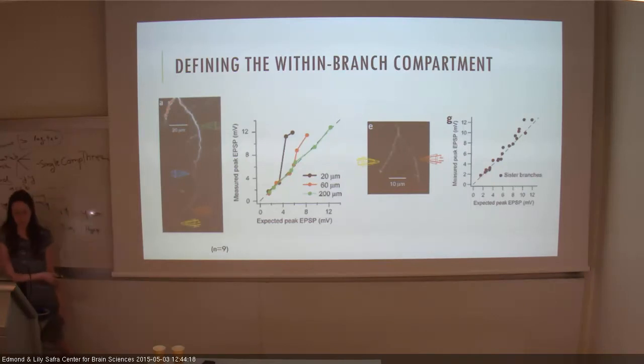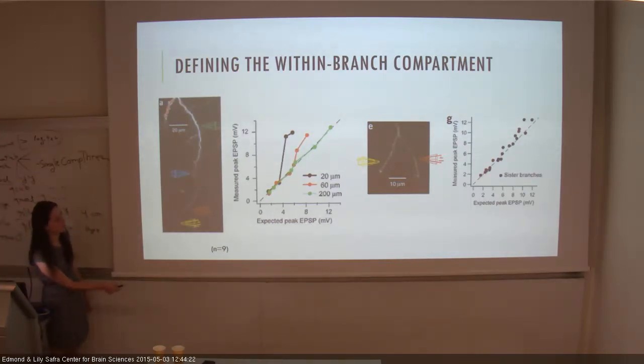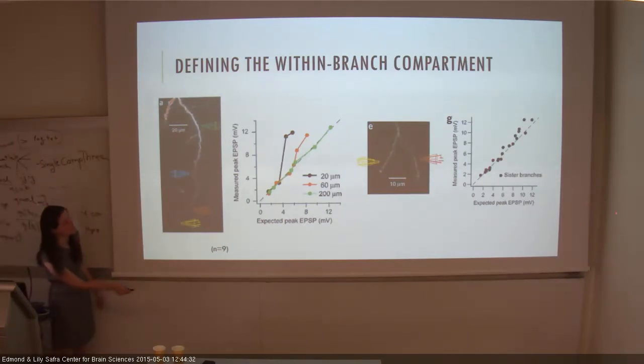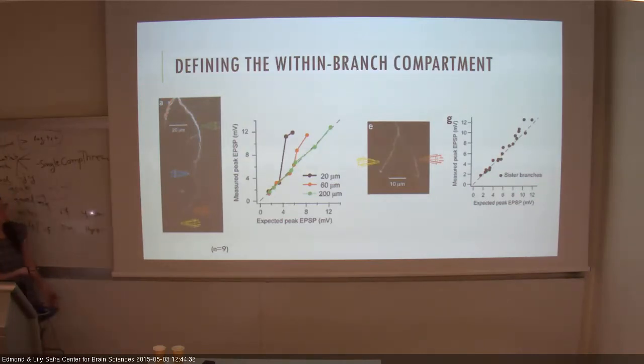You can see that even when the distance between them is quite close, you still see this linear phenomenon in which the soma basically adds up the different inputs, unless you give a really high stimulus intensity, and then there is this kind of superlinearity which they talked about before. Okay?